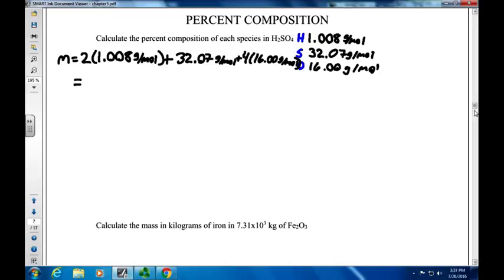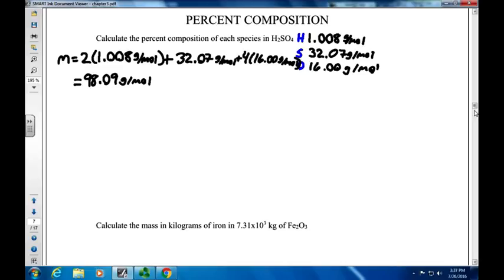And once you've done the arithmetic, you'll find that the molar mass of the molecule of H2SO4 is 98.09 grams per mole.